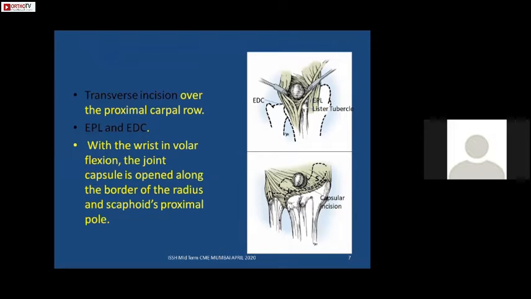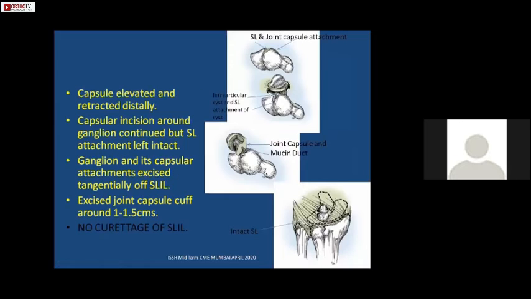Surgical management wise, transverse incision over the proximal carpal row and the plane between EPL and EDC is to be looked for. The wrist in volar flexion, the joint capsule is opened along the border of the distal radius and scaphoid's proximal pole. Capsule is elevated and retracted distally.